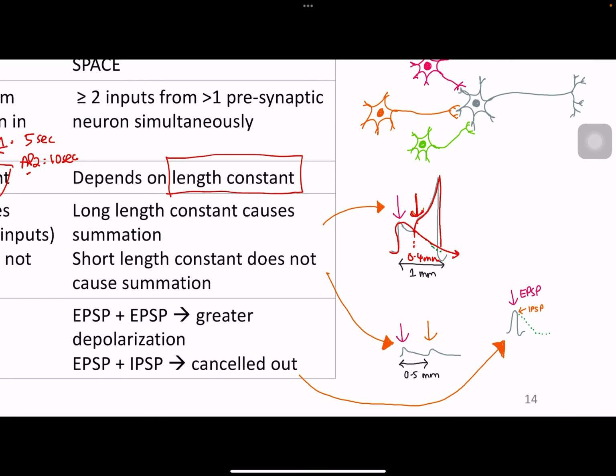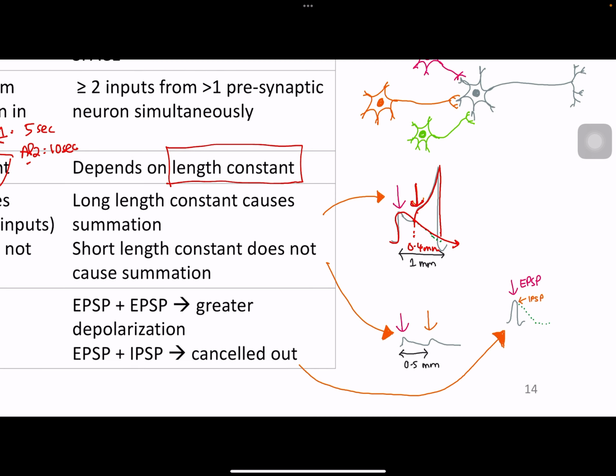However, if the action potential has a short length constant, for example within 0.2 mm it already dies out, whenever there's a new action potential coming at 0.4 mm, then it does not summate, so it won't summate with each other.